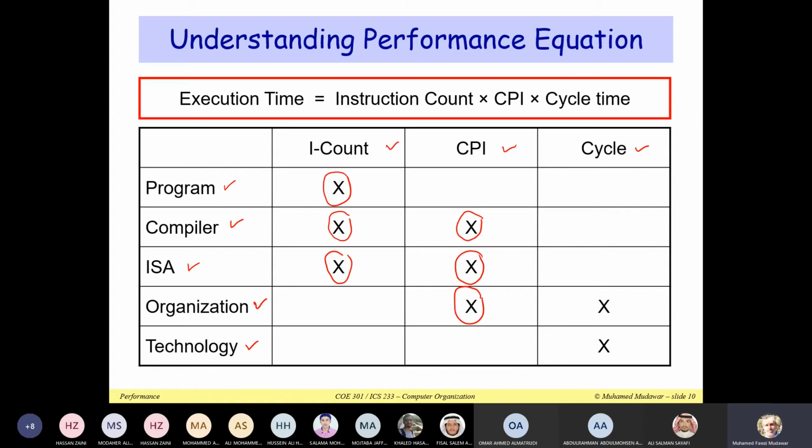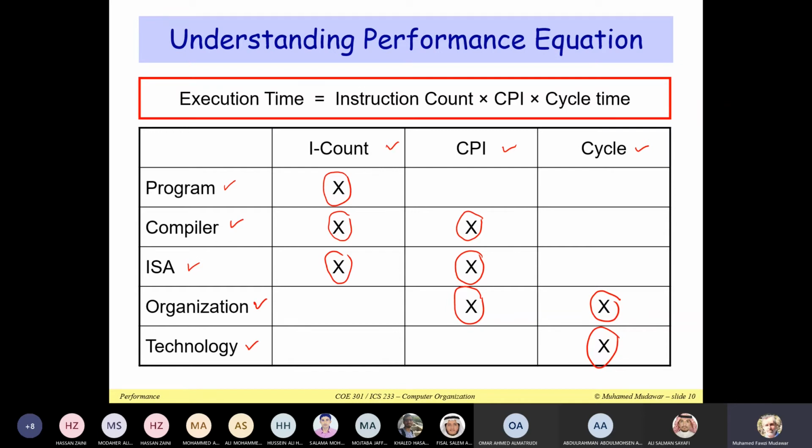Finally, the clock cycle, the last one, depends on the organization and the technology. If you improve the organization, this is why I'll talk about pipelined CPU, you can reduce the clock cycle. Of course, you can also improve the clock cycle by using faster transistors, which are related to technology. That is also obvious.